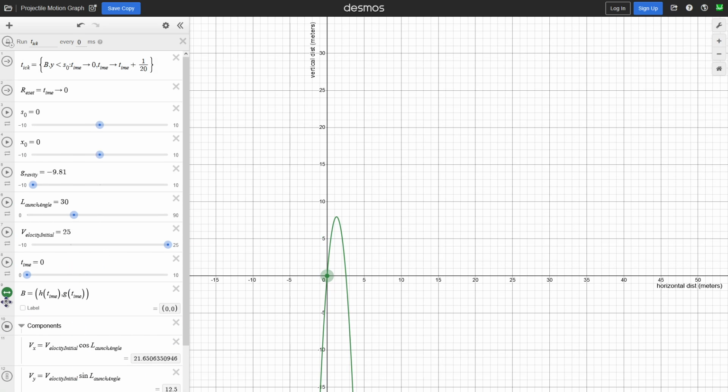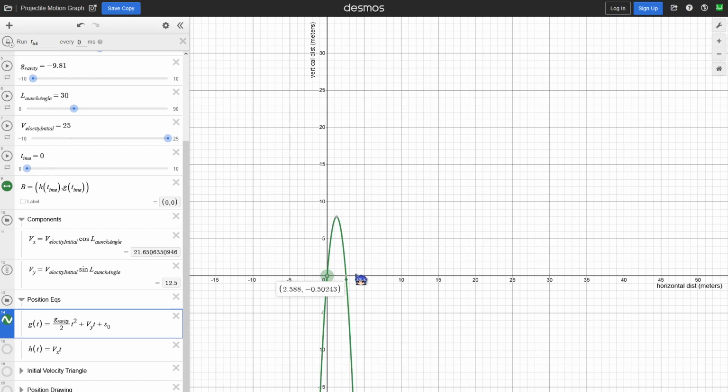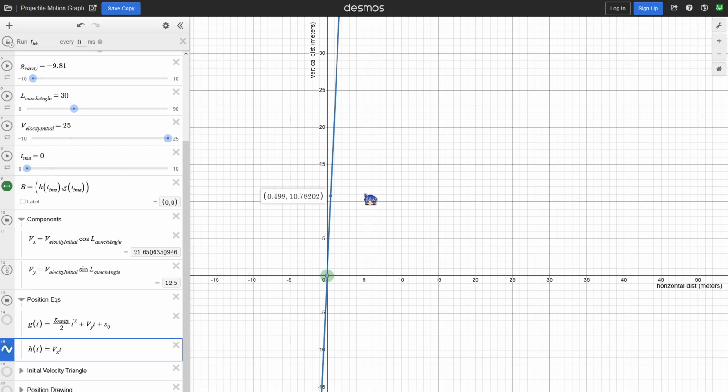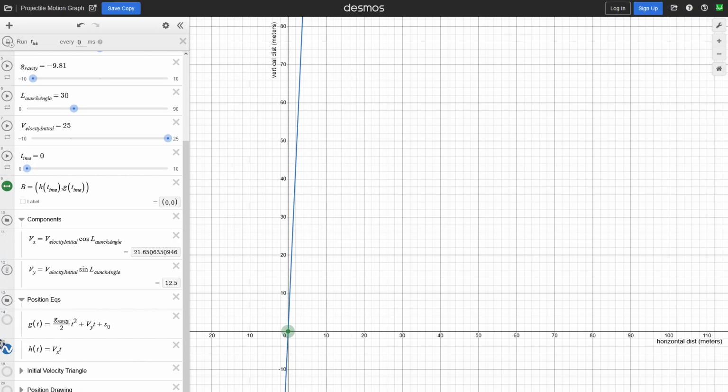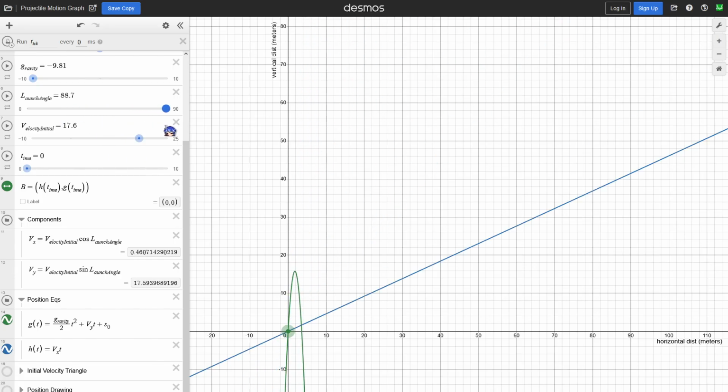Everything here is a function of time. And respectively, this here represents the x position of the ball as time goes on. And if you look, as I change the initial velocity, these change. And I think they also change if I change the launch angle.